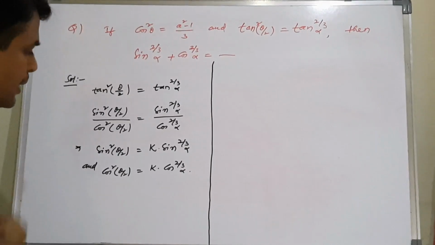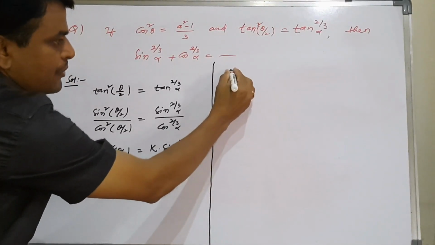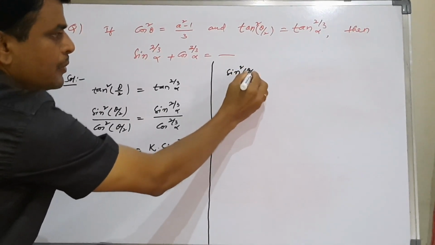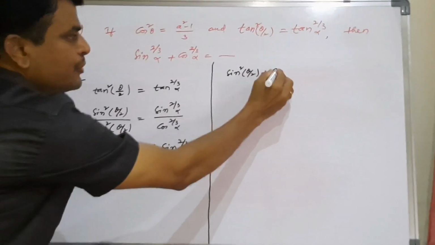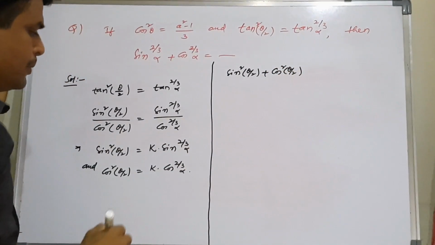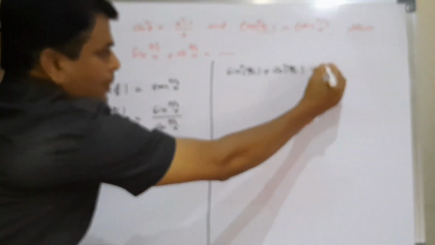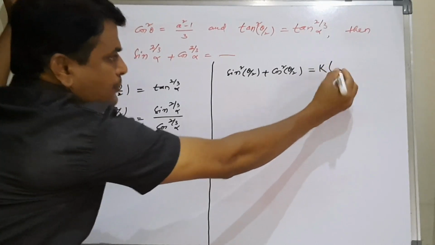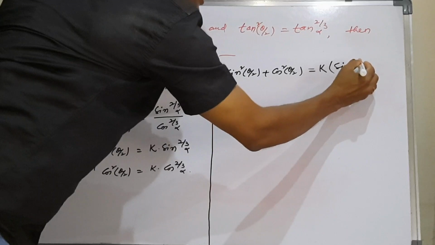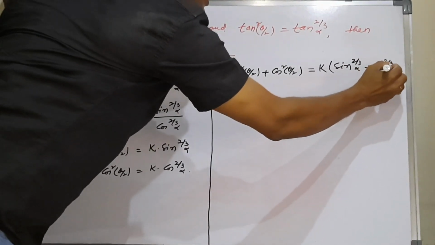Now in the next step we are using the identity that sin square theta by 2 plus cos square theta by 2 is equal to k times of sin power 2 by 3 alpha plus cos power 2 by 3 alpha.